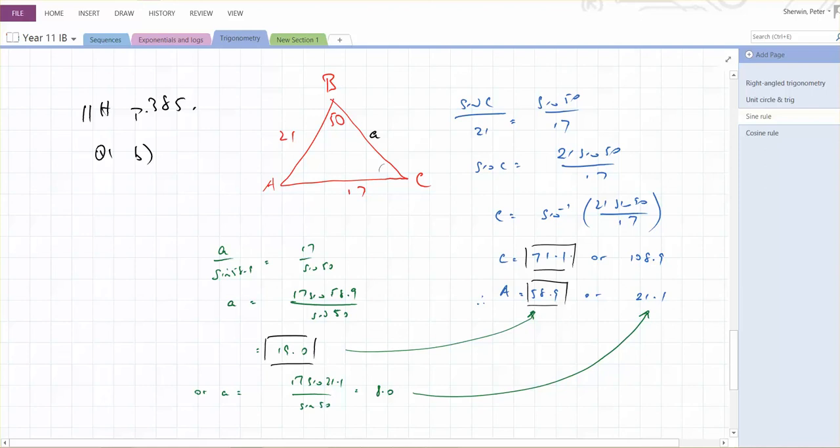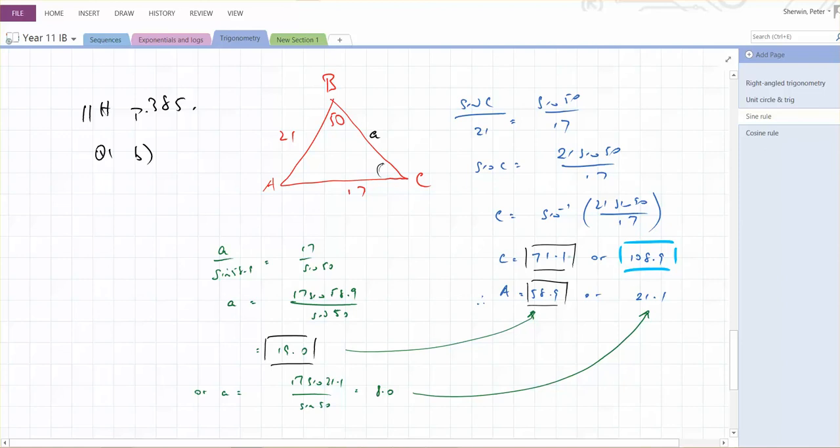But go right back: C, this angle here, could have been 108.9. You remember that for this value, there are two angles less than 180 that satisfy this. One of them is 71.1, the other is 108.9. So we have to consider that 108.9 could be our value of C, and this could in fact be an obtuse angle.